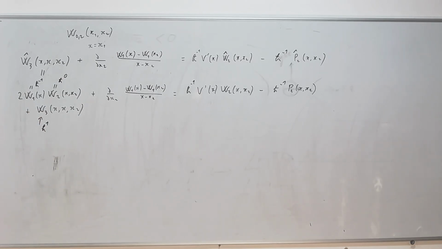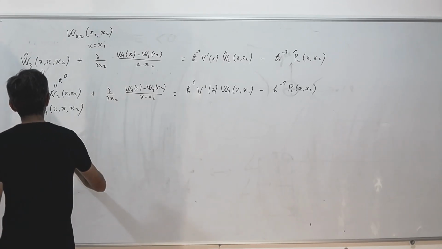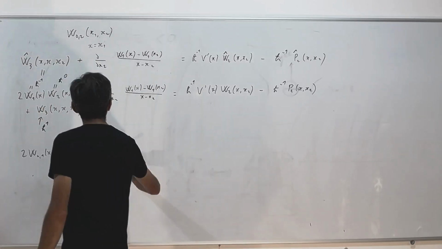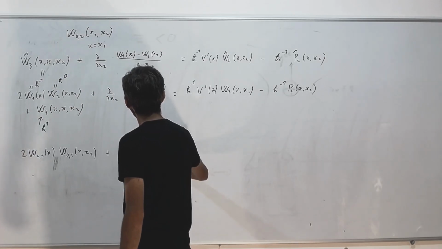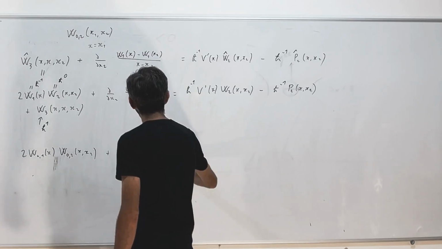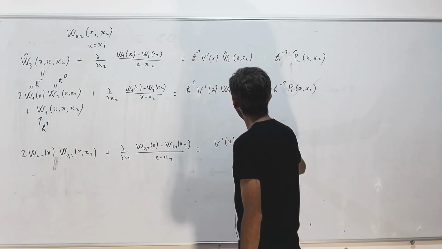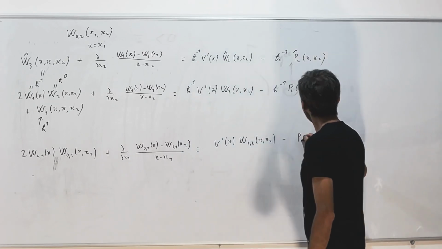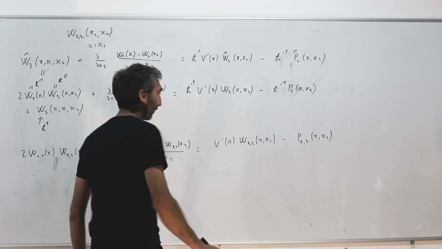So to leading order, what this equation becomes is 2 times W01 of x that we know, W02 of x2 that we don't know, plus d over dx2 W01 of x minus W01 of x2 that we know over x minus x2 equals V prime of x W02 of x2 that we don't know minus p02 of x on x2 that we don't know, but we know it is a polynomial of x.